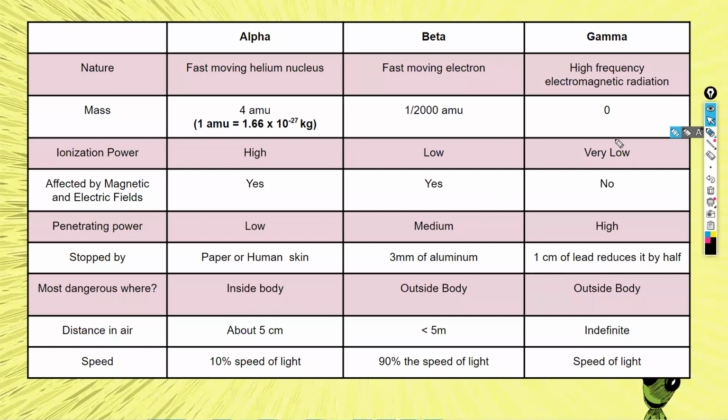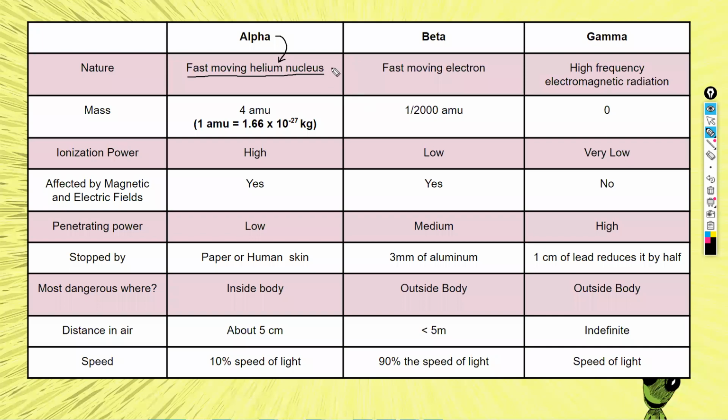Let's start with alpha. If you had a really powerful microscope and were able to see alpha, alpha is actually a fast moving helium nucleus.